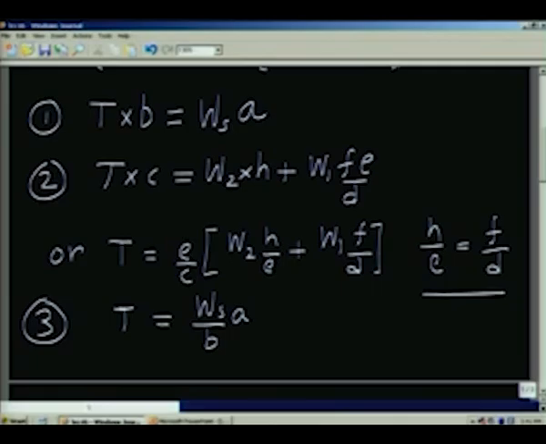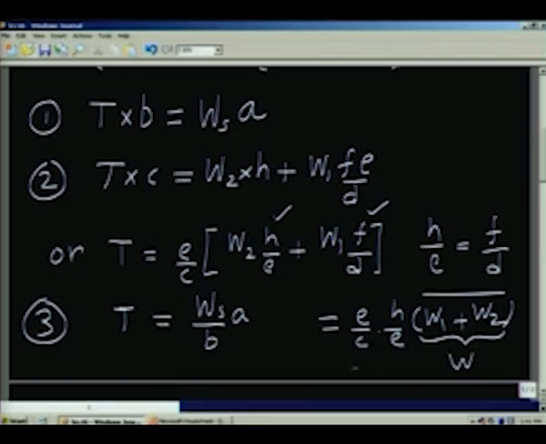If we choose these two factors to be the same, then if I take h by E outside, it becomes E by C into h by E into W1 plus W2, which is nothing but W. So E will cancel off, and this becomes hW divided by C. Okay. This is equal to T.